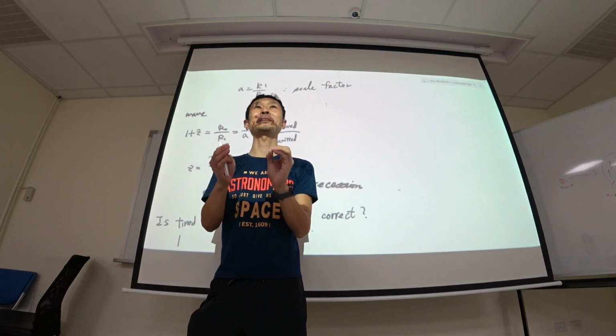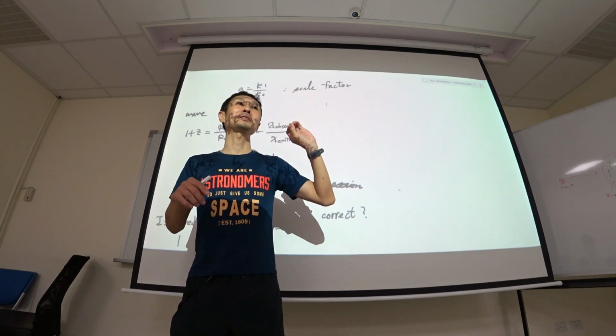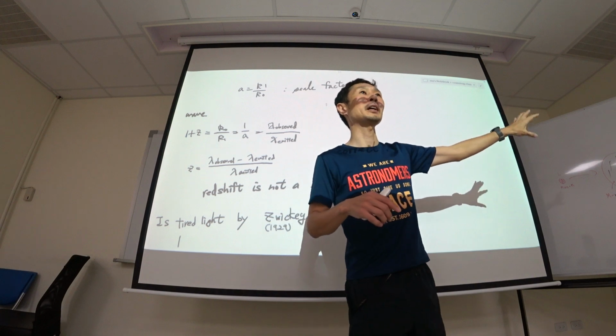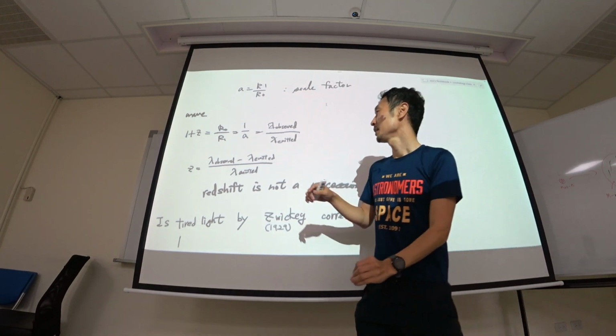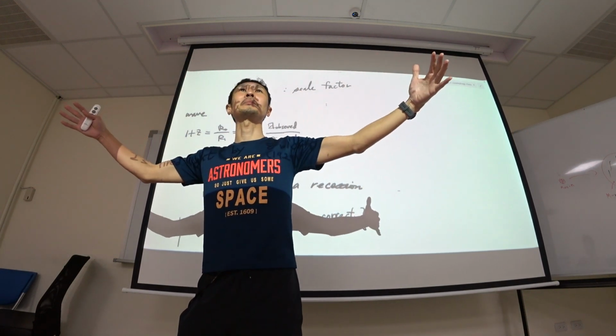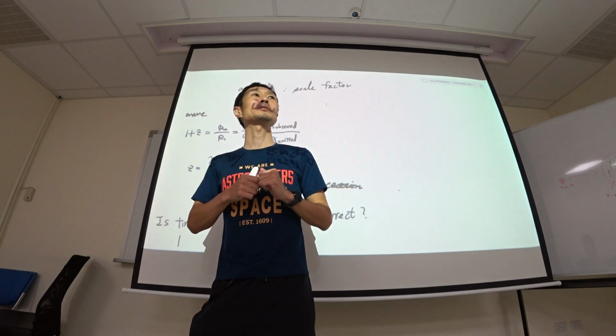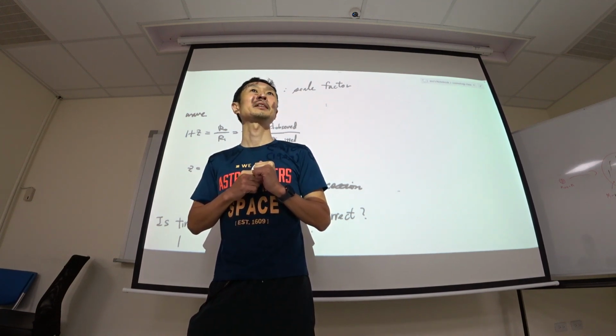It's similar, but it's not the same. Because in the ambulance case, the ambulance is literally moving away. But redshift is because of the expansion of the universe. So that's not exactly the same.